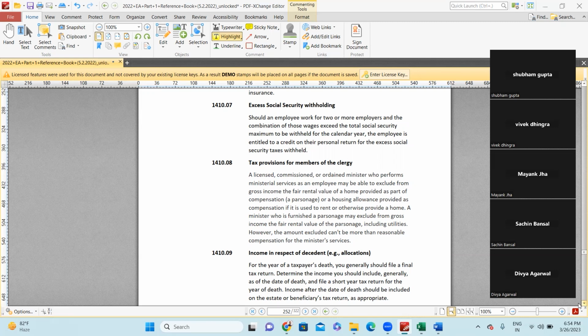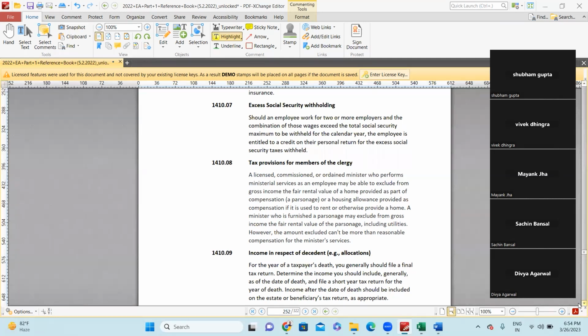For example, let's say Kamal is working with Vivek and company, Mayank and company, and Shubham and company, right? I work 2 days with Shubham and company, 2 days with Vivek and company, and 2 days with Mayank and company, right? And they all have deducted, let's say, $200 each per month for my Social Security. Whereas if I club together all the incomes, my ideal deduction should be $500 in total.